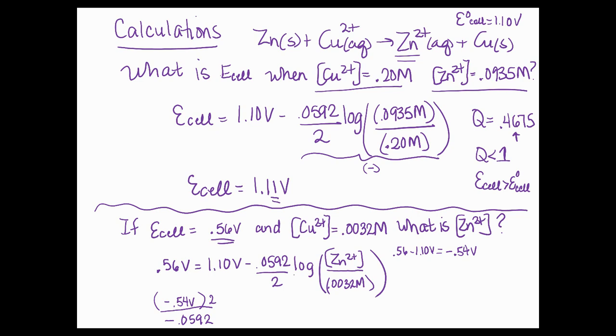Then I'm going to have to take the anti-log of that and then multiply by 0.0032 molar. That will get me my zinc concentration. I'm working on it.